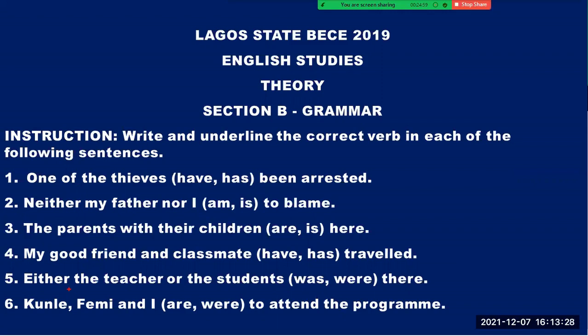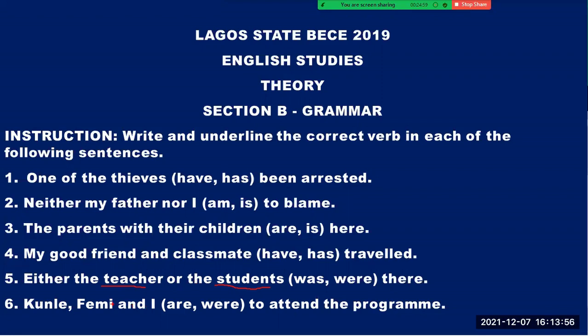Question number 5. Either the teacher or the students, all right? Either the teacher or the students. So here you see that the law of proximity is what applies. The teacher is singular, students is plural. But then there is the option: either the teacher was there or the students were there.